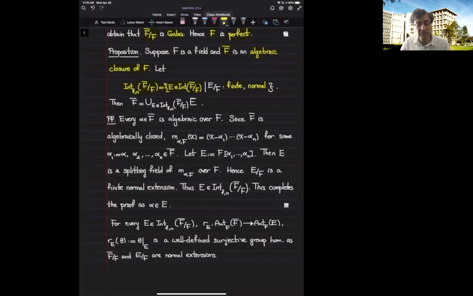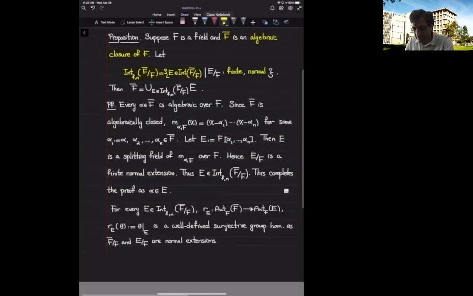Remember, an extension is a finite normal extension if and only if it's a splitting field of some polynomial. So this set is the set of all the splitting fields of polynomials over the base field F that live inside F bar. Now, the claim is F bar is the union of these intermediate subfields.